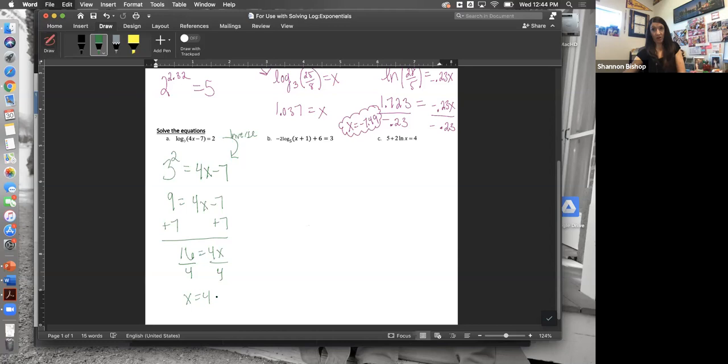So think about it. When you see an addition problem in a formula or in an equation, you subtract it. That's how you undo the addition. When you see multiplication in the equation, you divide, because you know that's going to undo that step.